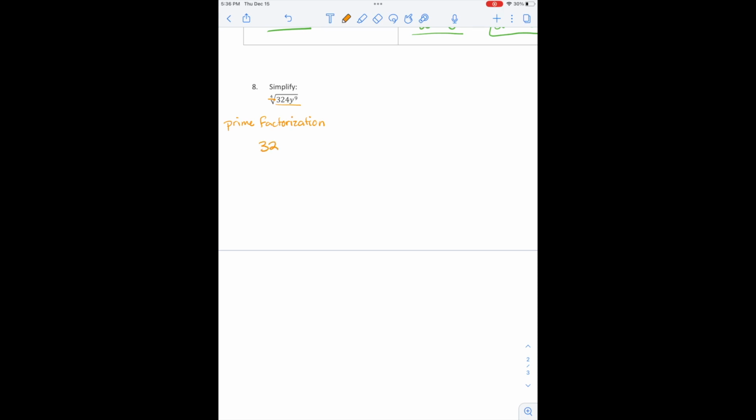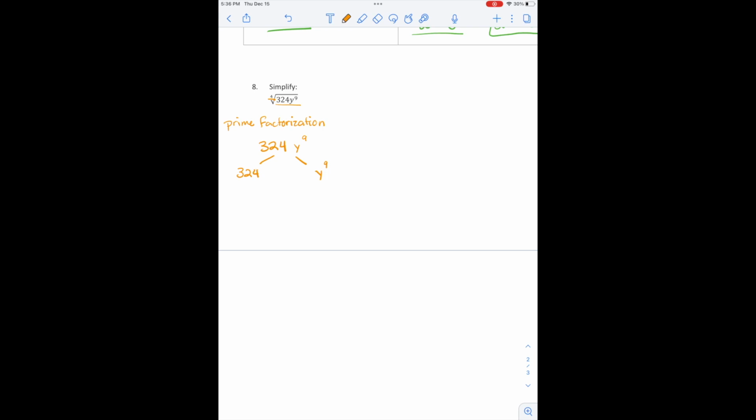And I'm going to factor 324 times y to the 9th. And first thing I'm going to do is split this between my coefficient, 324, and my variable, that's y to the 9th.